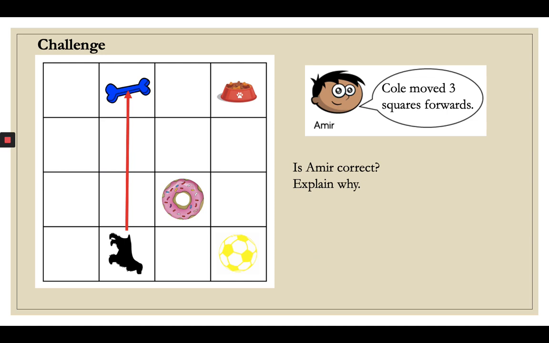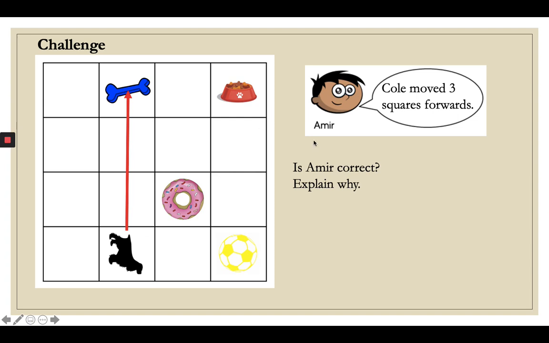When you've completed those questions, there is a challenge question. Have a go, see if you can answer this question. I'll read it to you. Cole is facing a different direction, and he's on a different part of the grid.